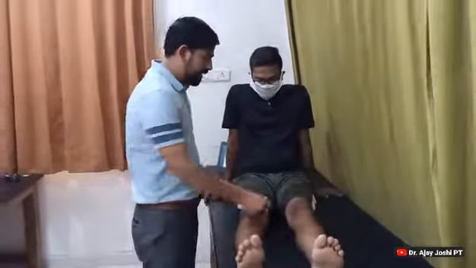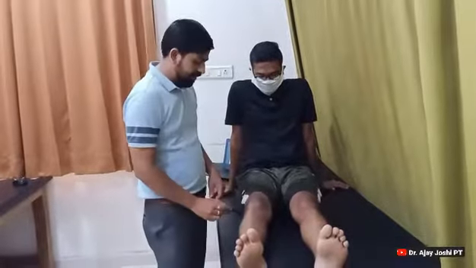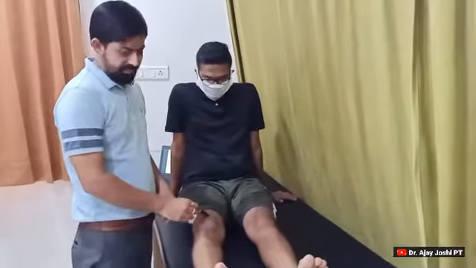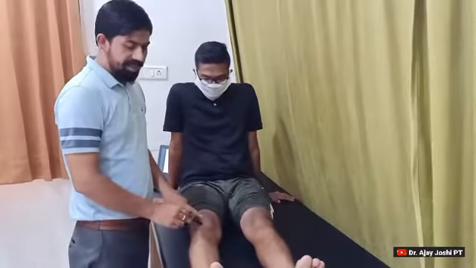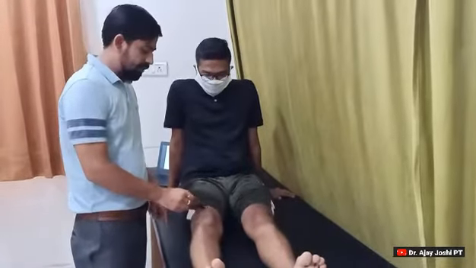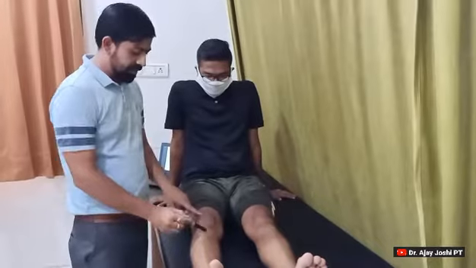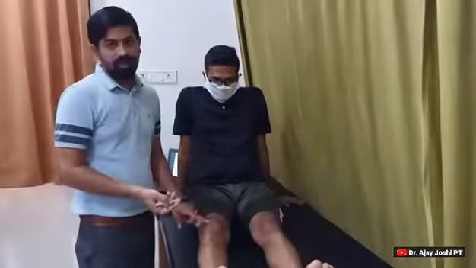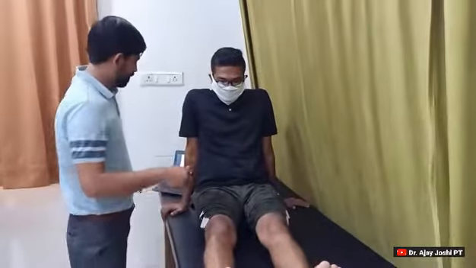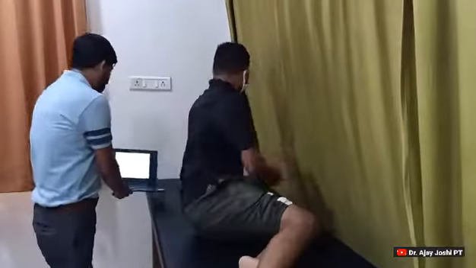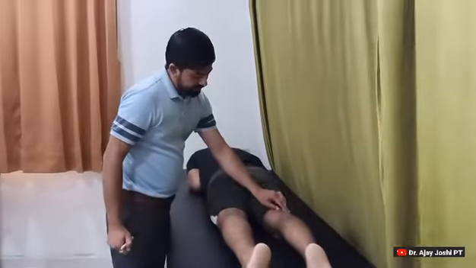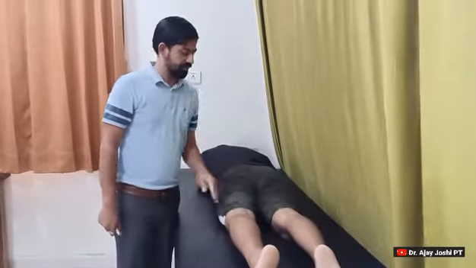You should check medially, laterally, over the patella, anteriorly, the patellar inferior pole, superior pole, tibial tuberosity, and in prone lying, the popliteal fossa. In prone lying, you should check swelling at the popliteal fossa.